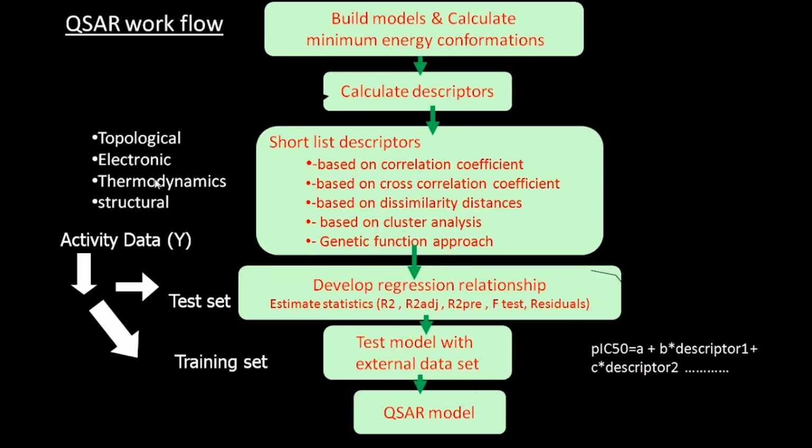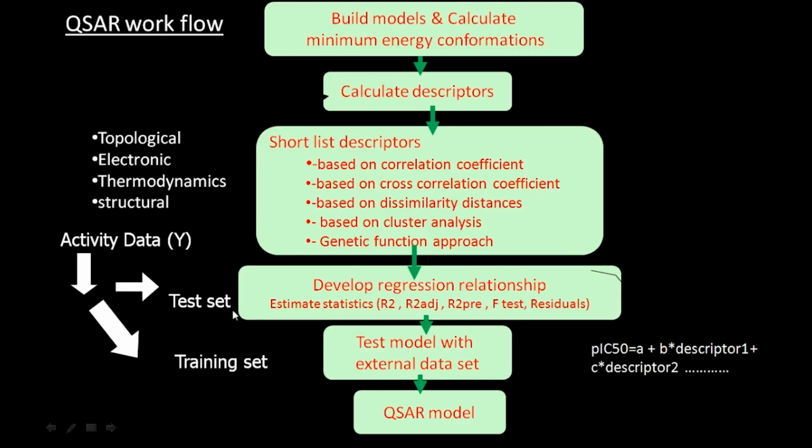Okay. So we need to have at least 5 data points for a regression equation with a one descriptor model. And when you have a data set, don't use all of it for training and developing the model. Use only 80% for training, and use the remaining 20% as the test set.